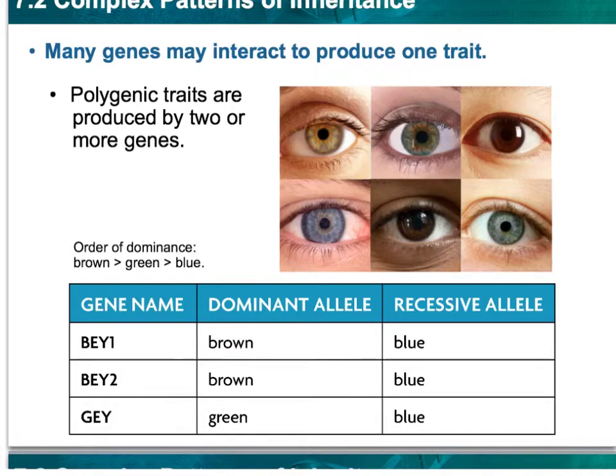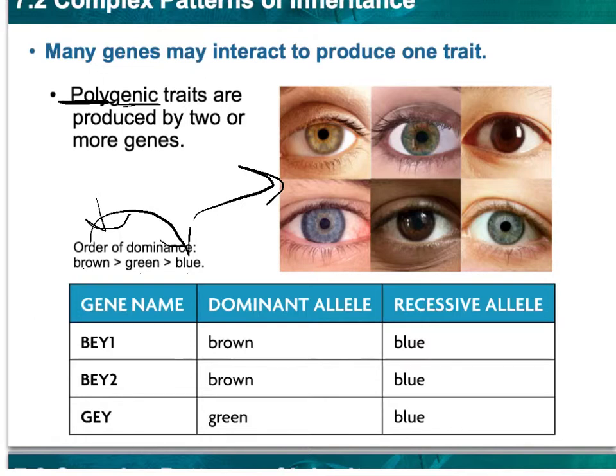Here you can see our order of eye dominance and eye color. Brown is dominant to green, which is dominant to blue. So obviously, brown is dominant to blue.